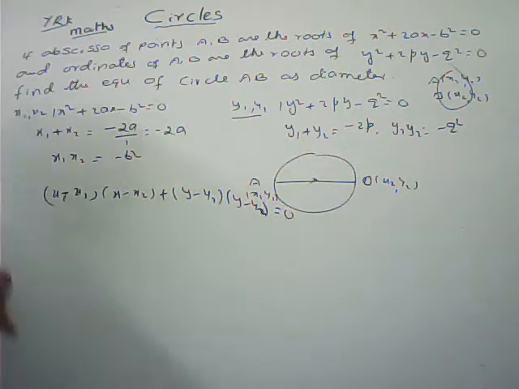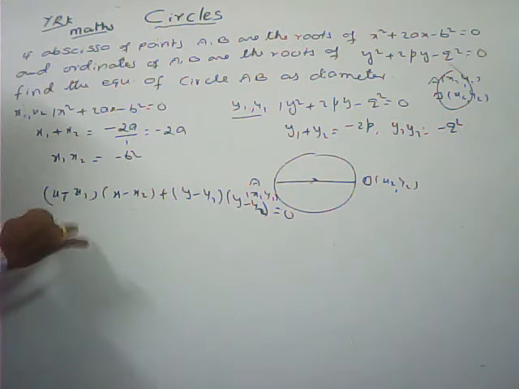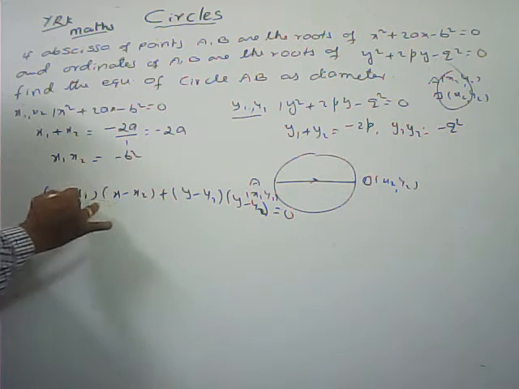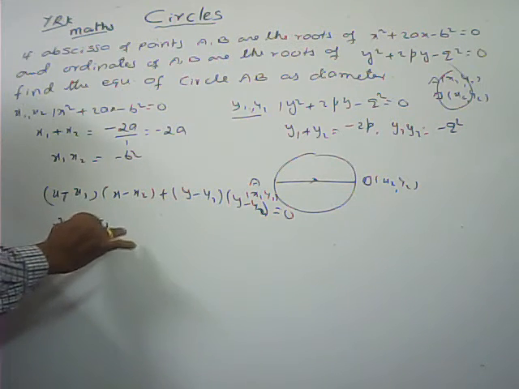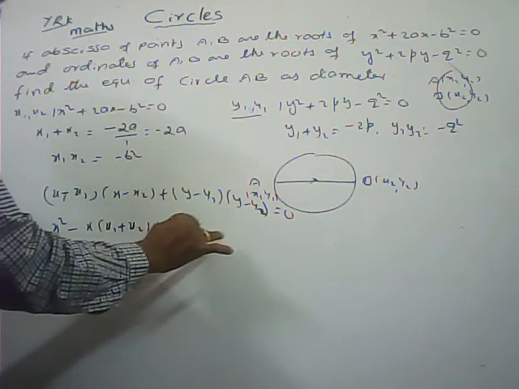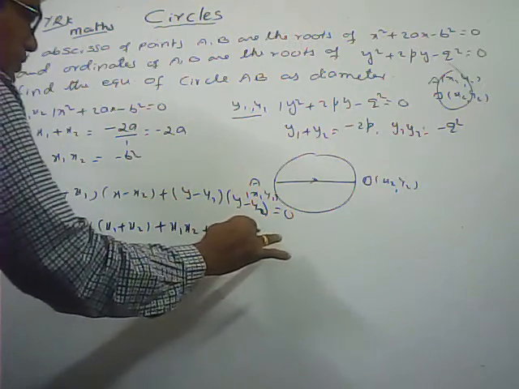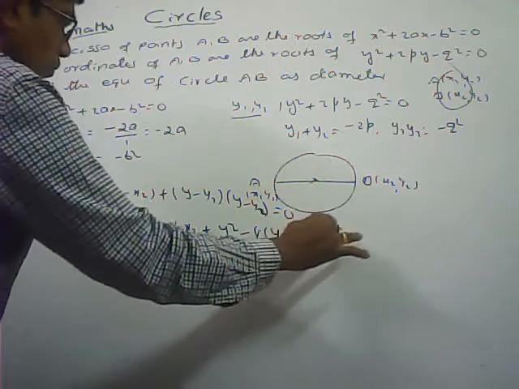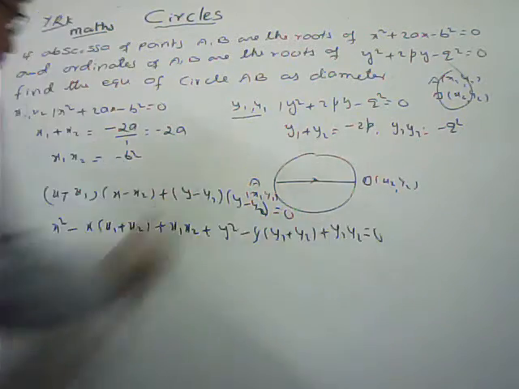This is the equation of the circle if the end points of the diameter are given. So if I expand this one, x² − x·x2 − x·x1, we can write x(x1 + x2) + x1x2 + y² − y(y1 + y2) + y1y2 = 0.